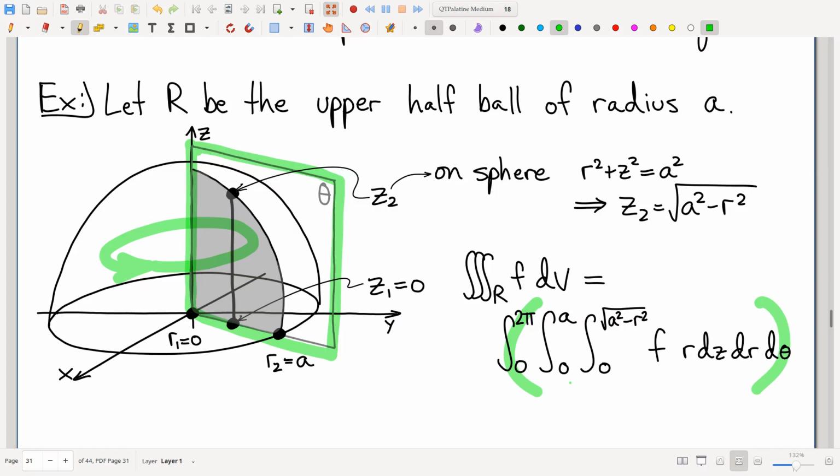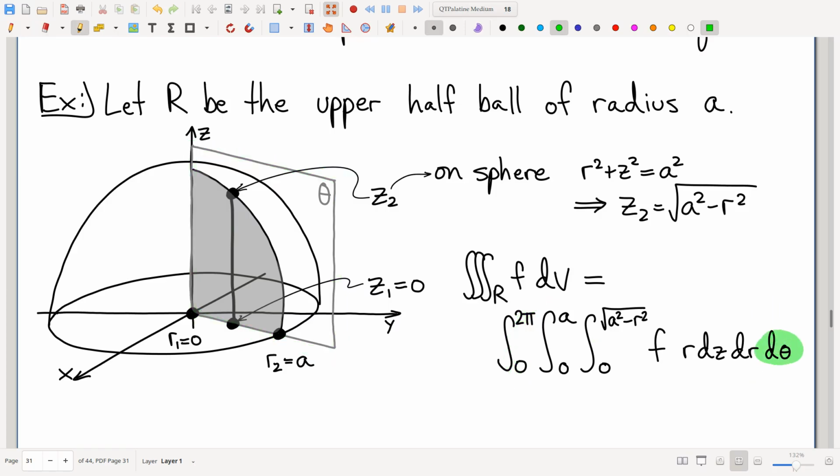Everybody happy with that? Now we're going to restrict our attention to a particular fixed theta slice, and you have to use geometric intuition here. This is what a theta slice looks like for an arbitrary theta, like one I have drawn here.